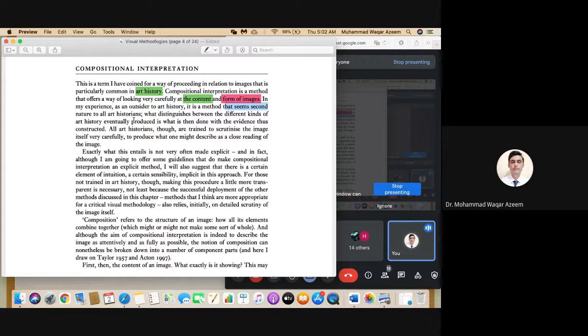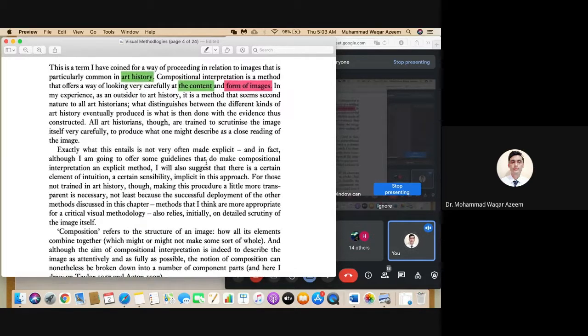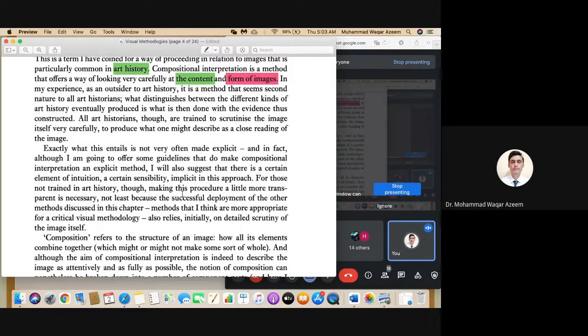That is, all art historians practice it. What distinguishes between the different kinds of art history eventually produced is what is then done with the evidence thus constructed. All art historians, though, are trained to scrutinize the image itself very carefully to produce what one might describe as a close reading of the image.